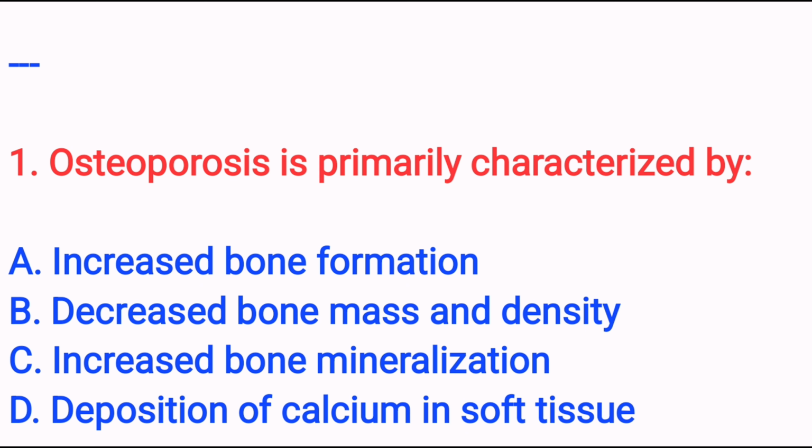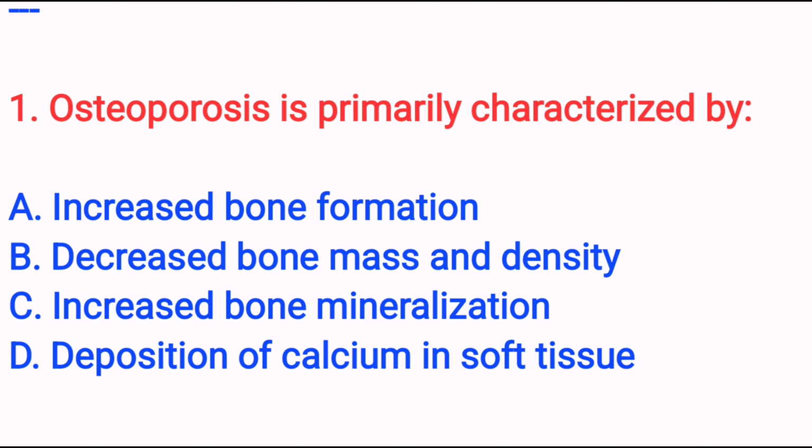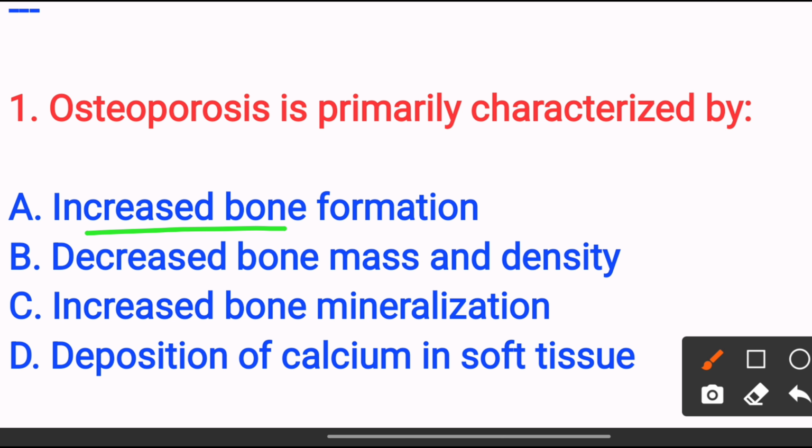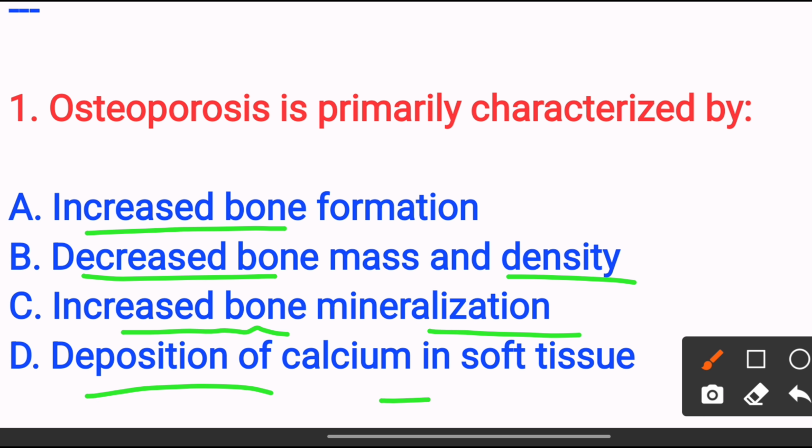Osteoporosis is primarily characterized by: option A, increased bone formation; option B, decreased bone mass and density; option C, increased bone mineralization; option D, deposition of calcium in the soft tissues.